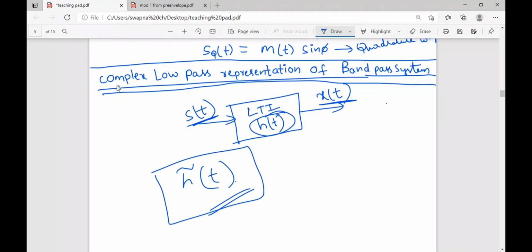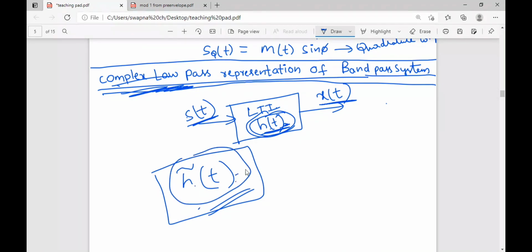So that is what this topic represents: complex low pass representation of a band pass system. The system is this LTI system, denoted with h of t. This system's function you need to represent as a complex low pass signal, so h of t should be represented as h tilde of t.